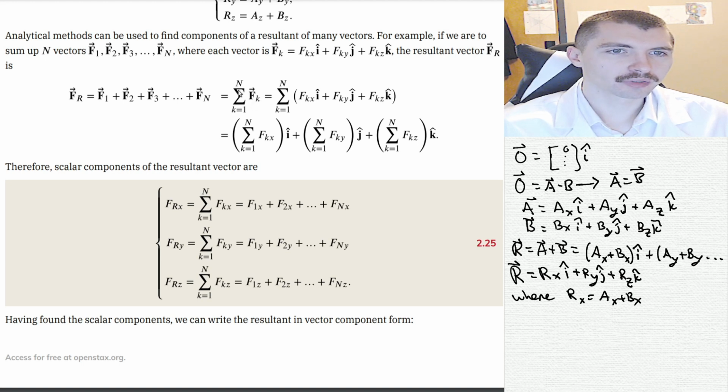So you're adding up all these vectors, which means you're adding up all the components, which means you are adding up each component individually.